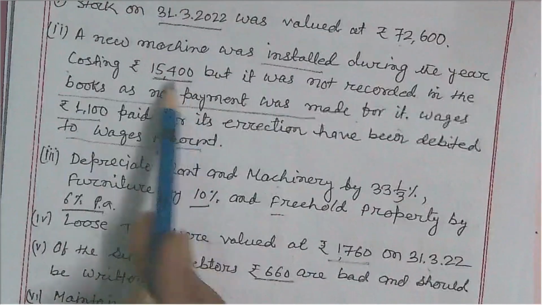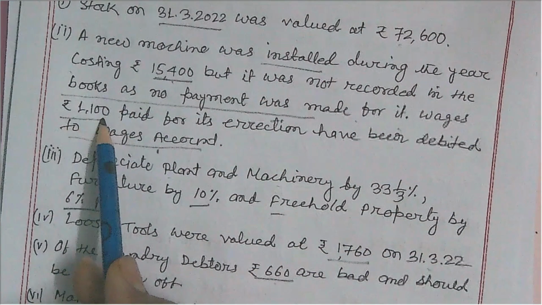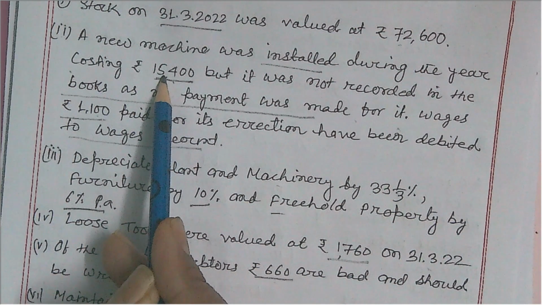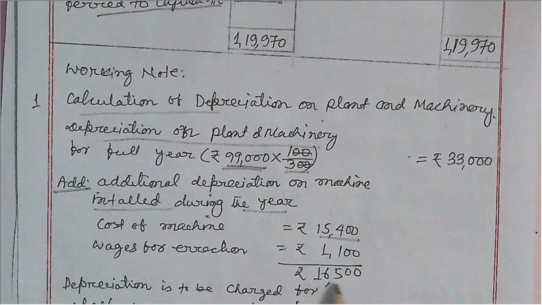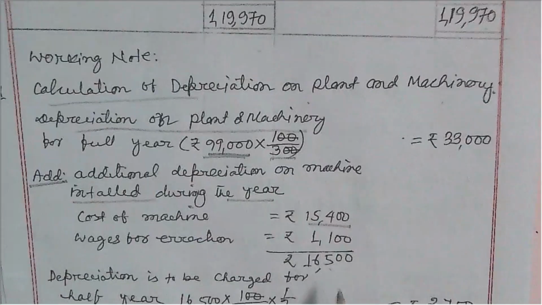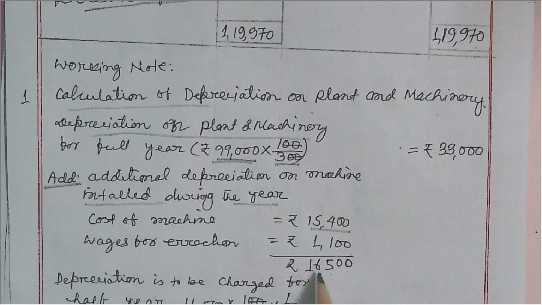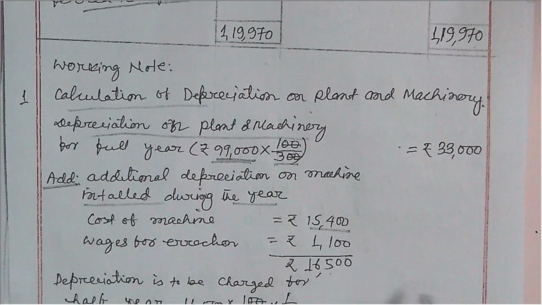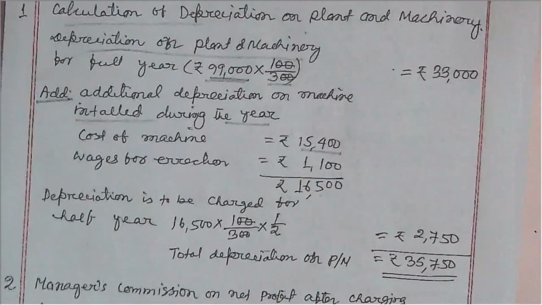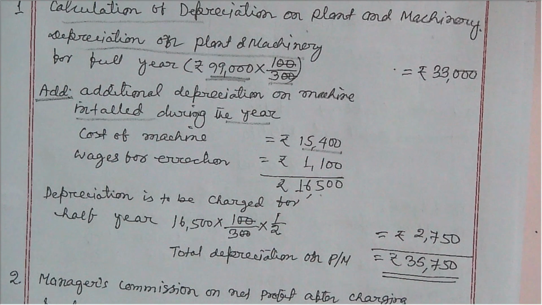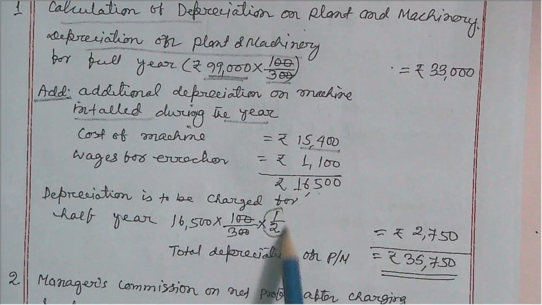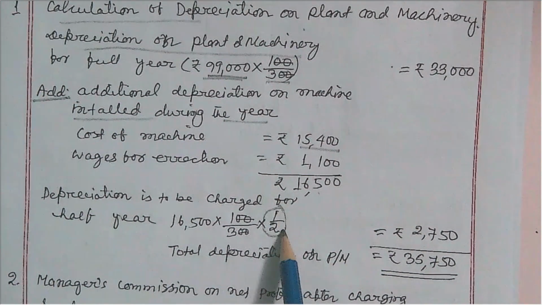So this 1,100 wages shall be added to the 15,400, and the total is 16,500. This machine was installed during the year, and a specific date is not given. So when a specific date is not given, we have to calculate depreciation for half year.